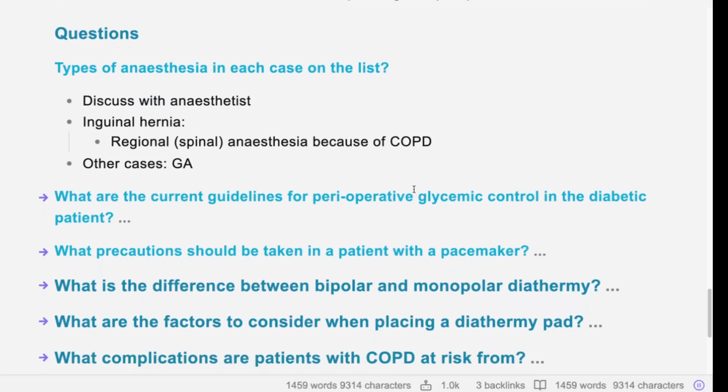What are the current guidelines for perioperative glycemic control in diabetic patients? As we explained, if it's elective, the patient doesn't need to come in one day before the surgery. They need to be prioritized first on the list. The patient needs to miss only a single dose or single meal of their usual daily meals.